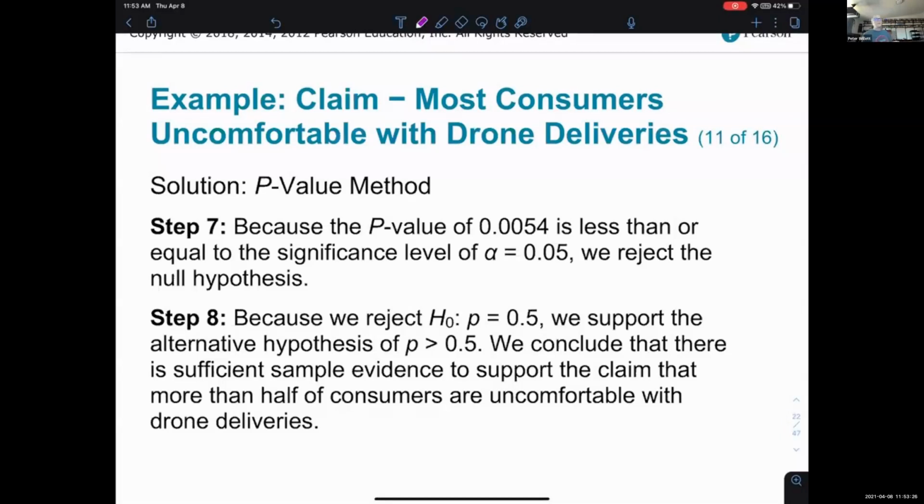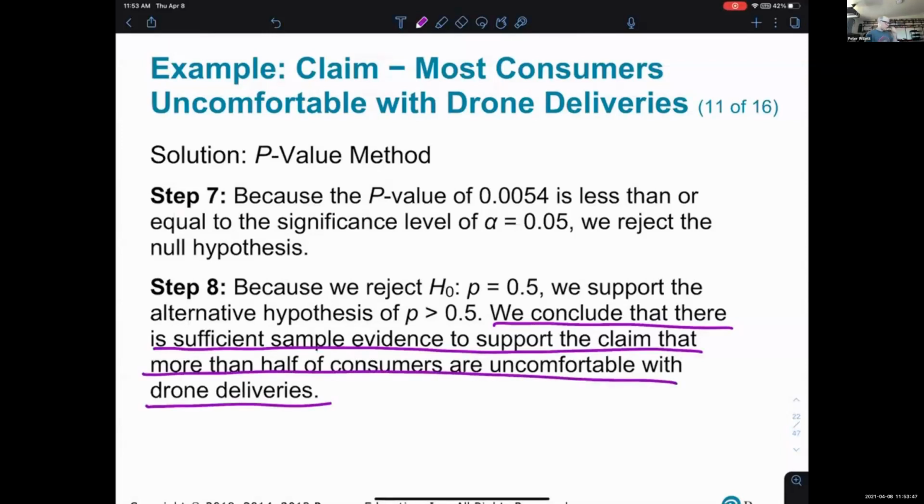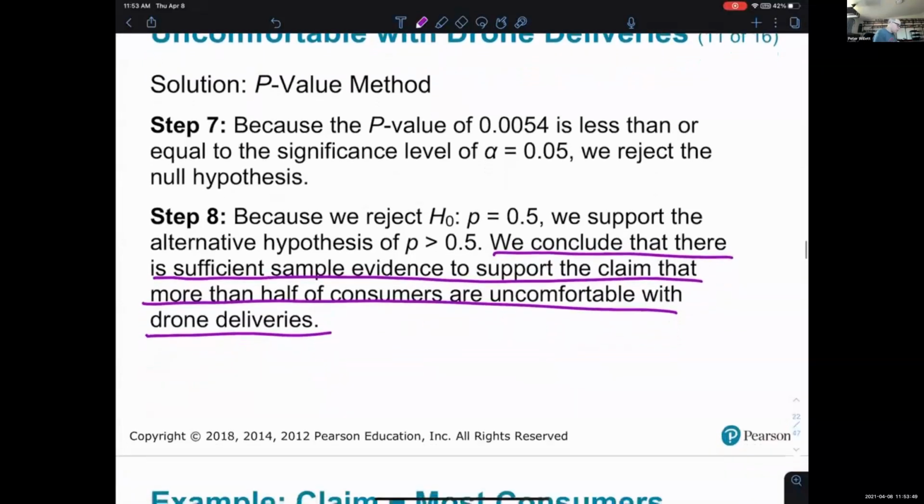We conclude that there is sufficient sample evidence to support the claim that more than half of consumers are uncomfortable with drone deliveries. As I discussed in 8.1, this conclusionary statement is key to understanding what that means.